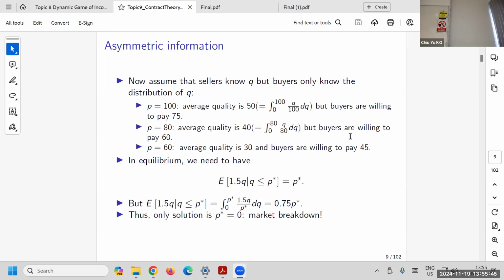That means only a price of 0 is achievable, so no car is being sold. Because you want 0.75 P star to equal P star, P star must be 0. There's nothing you can do.